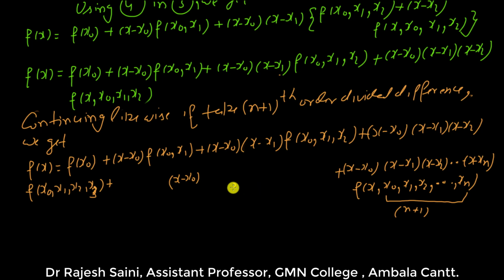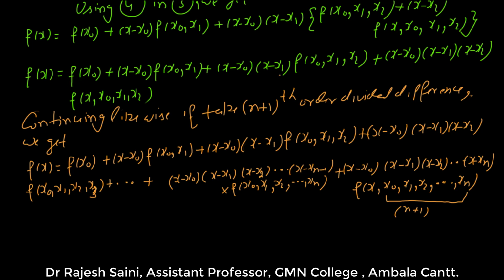Firstly write this f of x naught, omit this x, and write the other terms as such, x1 x2 up to xn, and in the product it will be x minus x1, x minus x2, and one less, x minus xn minus 1. So it is in the product, and you will write 3 dots here so you could know that it is going on. This is the second last term, this is the last term.